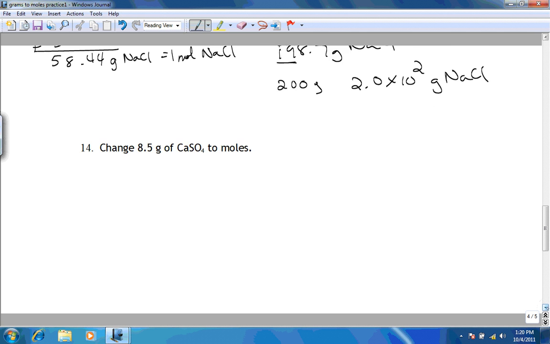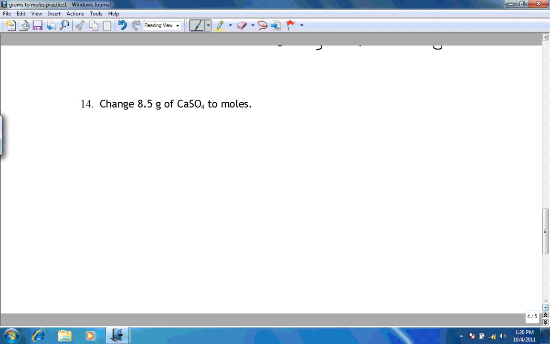And number 14, grams to moles of calcium sulfate. So that's what we're going to look for. CaSO4. We have 1 calcium, 1 sulfur, and 4 oxygens. Look on the periodic table and you find that calcium is 40.08.